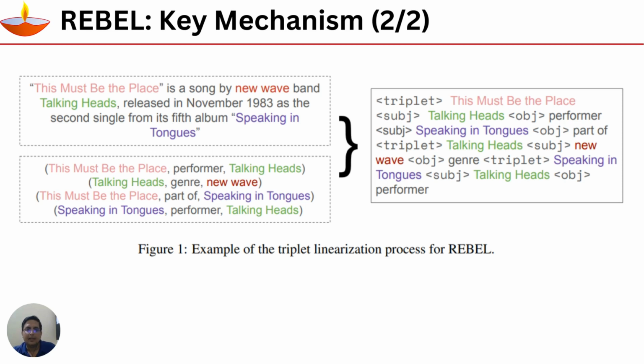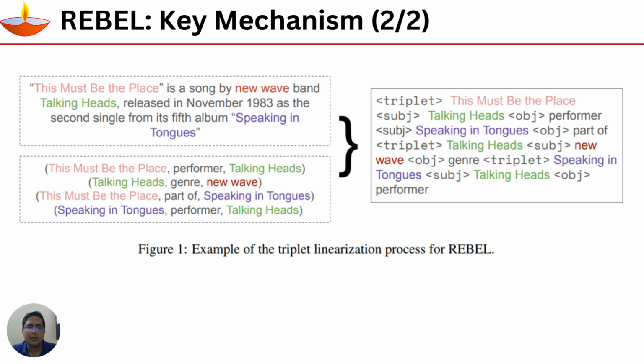The third triplet that we have is Speaking in Tongues, which is the subject, Talking Heads is the object, and performer is the relation expressed between the subject and the object. So this is how the triplet linearization is achieved in the case of REBEL. And this makes sure that the number of tokens generated in the process is most optimal.